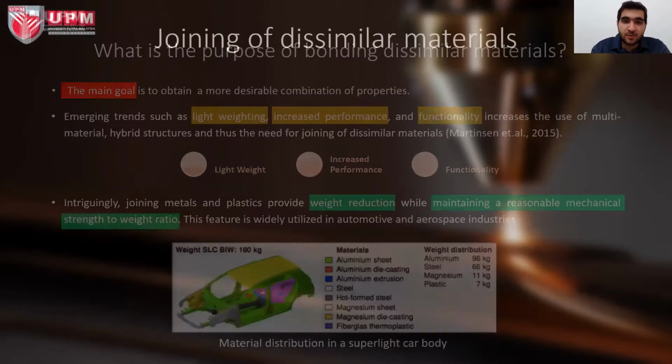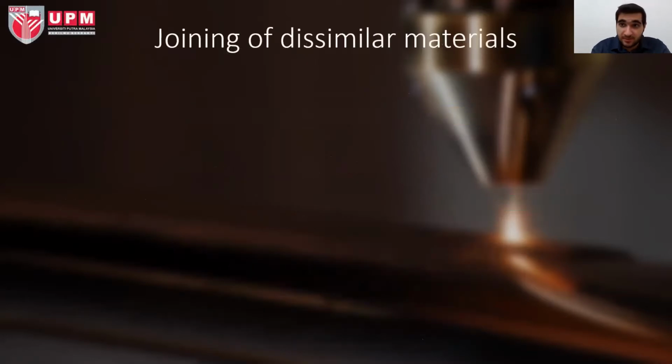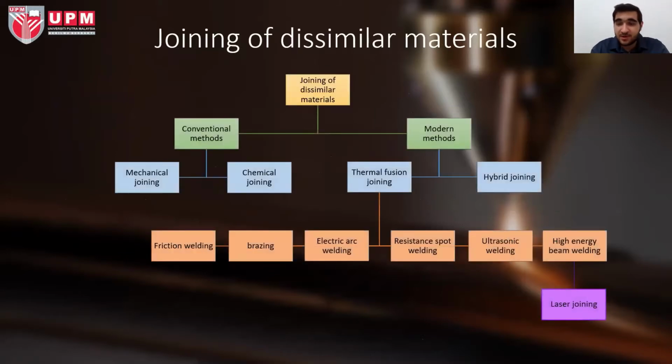And that's why we move on to joining of dissimilar materials. Now, in order to understand this better, we're going to show a hierarchy. From this, we can see that this is not a very new topic. This has definitely been discussed in the past. In fact, this is so old that we can see conventional methods and modern methods as well. These traditional methods are not quite insignificant.